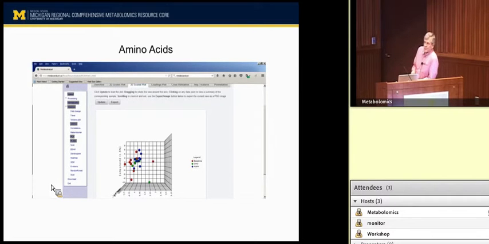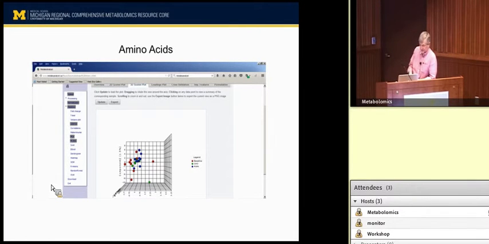Even though things go up and down, and if you do some subtraction and look at individual changes, there are small changes in amino acids, but they tend to be transient and not very consistent across the experiment. If you think about how we did the experiment, that's maybe not surprising, because we held the amount of protein coming into the diet constant throughout. So in some future studies, obviously, we want to increase or decrease the amount of amino acids in the diet to see if you can actually change things.